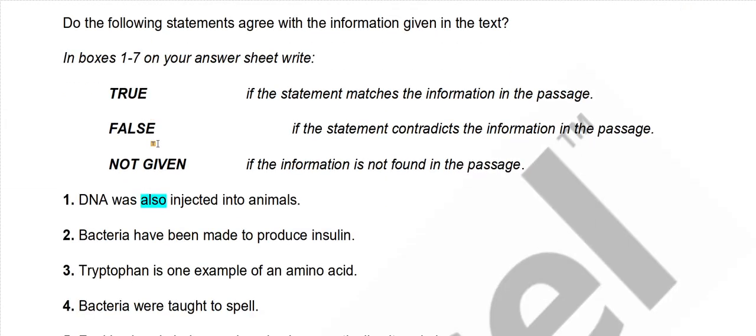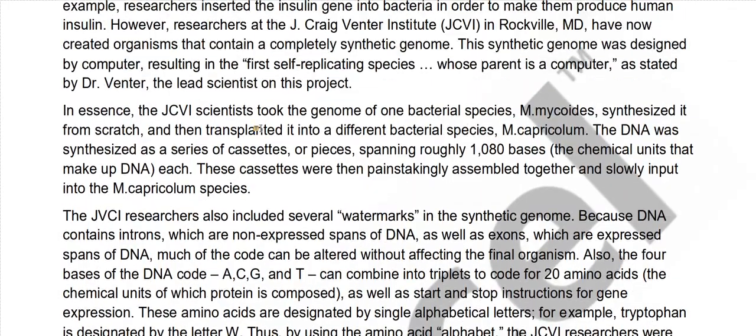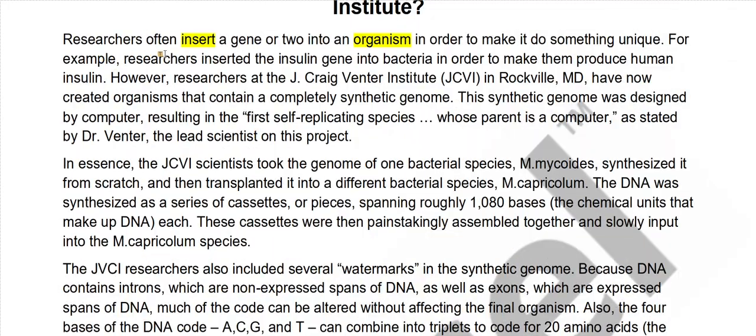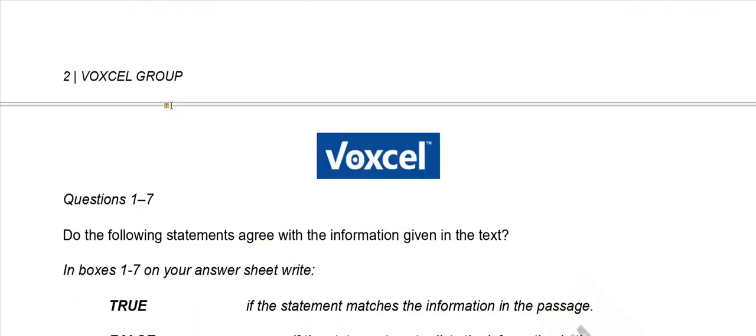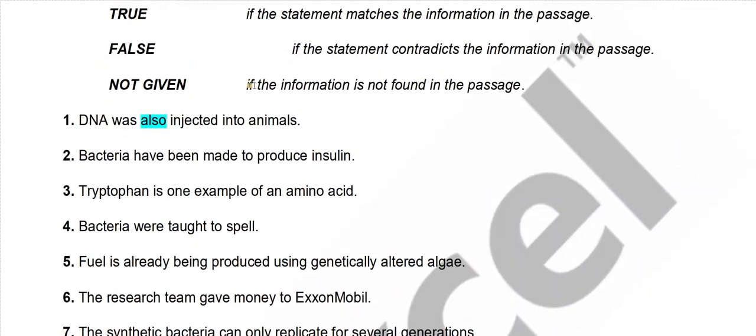So if it was written, for example, researchers only insert a gene or two in an organism, where only means not any other species but only organisms like microbes, we will say false. But we don't have any other information on this, so the answer is not given.